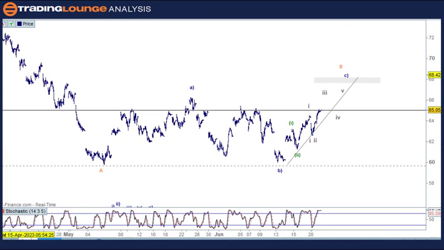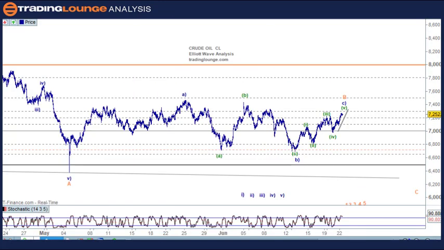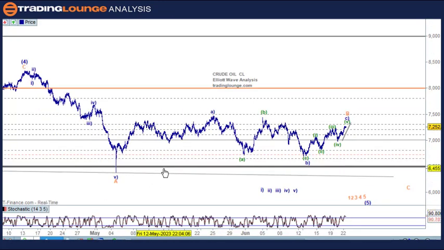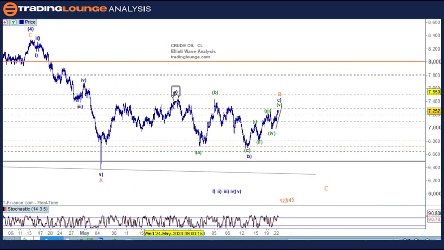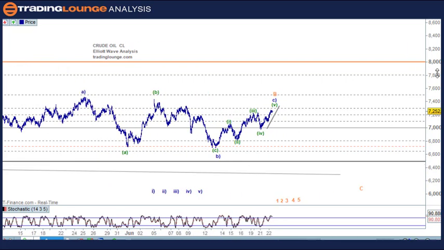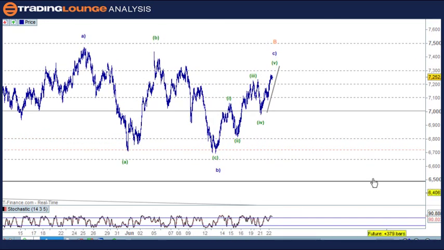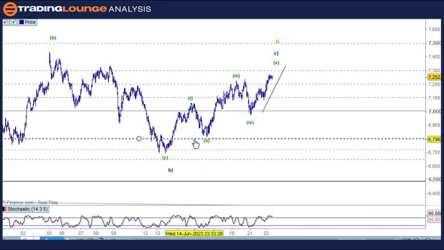But taking this pattern over to crude oil, it's the same thing really. So we've been looking at this as the A wave here with an ABC for the B wave, and then going up for the C wave. Now, you can also see 5 waves here that we've been working with for quite some time, and this would probably be 1 and 2 and a third wave here. So we've still got 3, 4, and 5 to finish off.